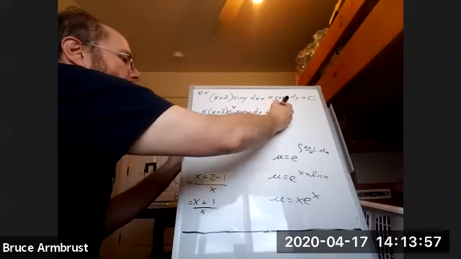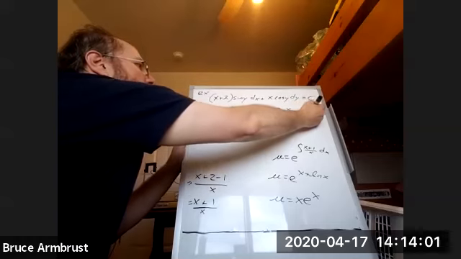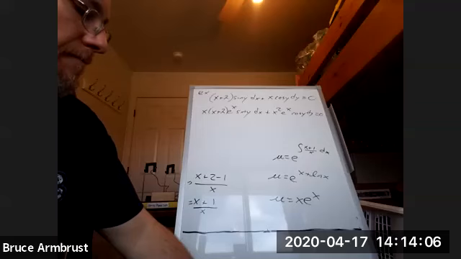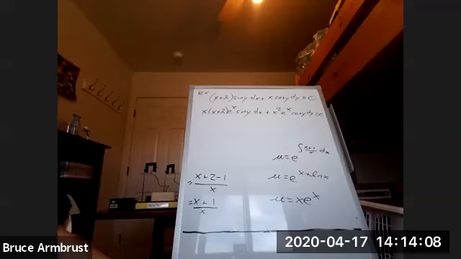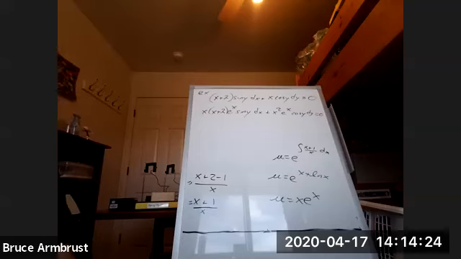And then the other piece is going to be x squared e to the x cosine of y. And this is now exact. You can check it if you want. I'm not going to bother. But you could check it and you'll see that it is exact. We know it's going to be exact because of how we constructed mu.